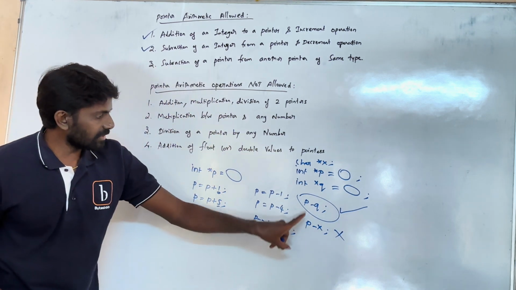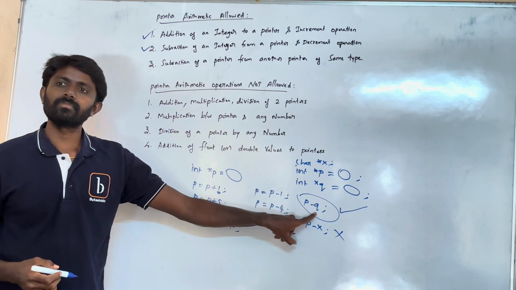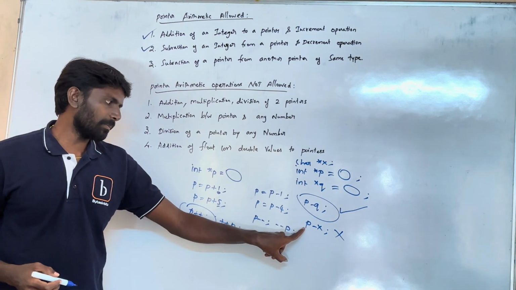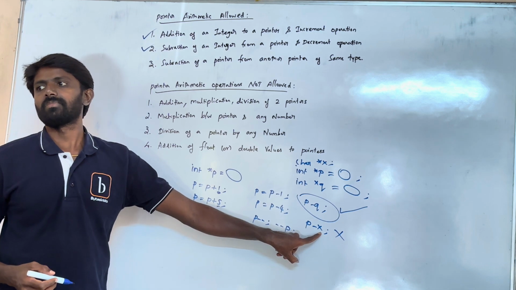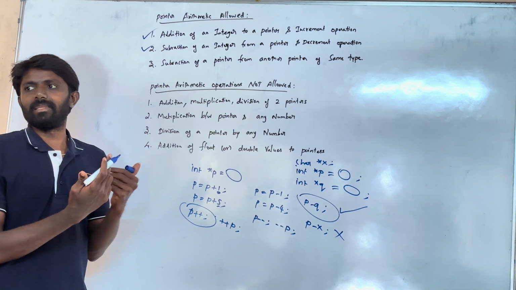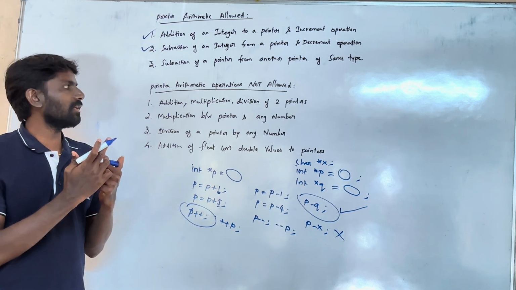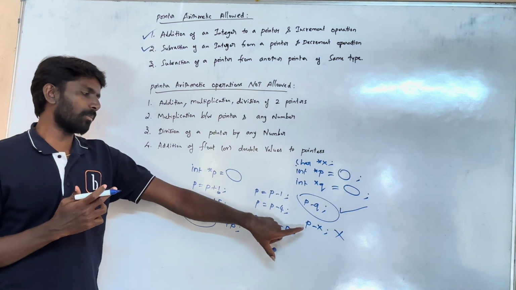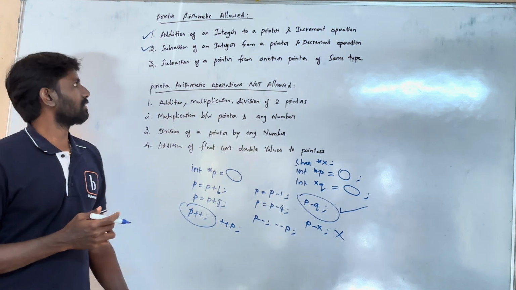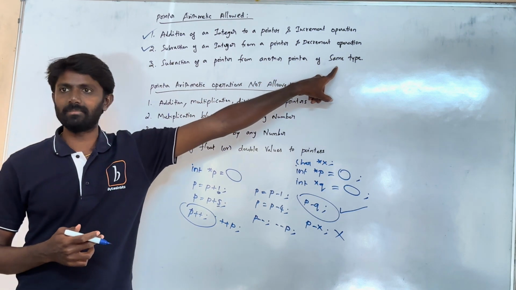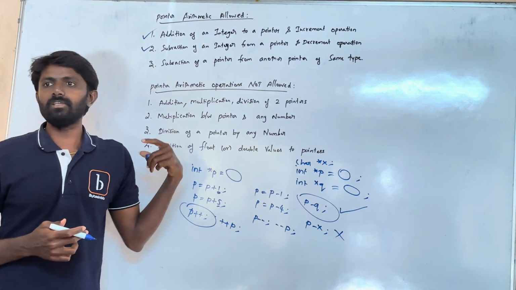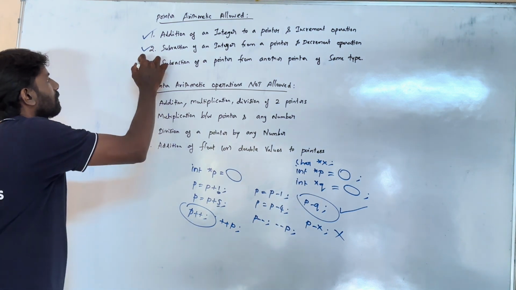Why? Because p and q are integer, but x is character. So the data type should be the same. In that case, you can use the subtraction operation between the two pointers. But with other types you cannot do the subtraction.